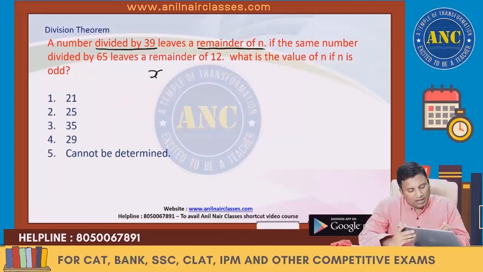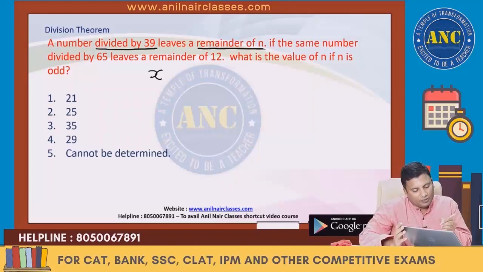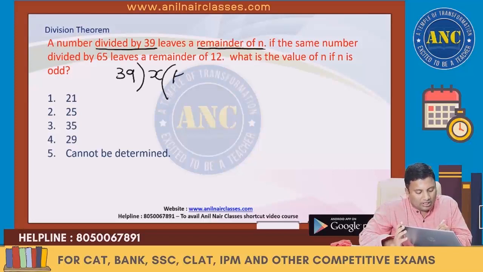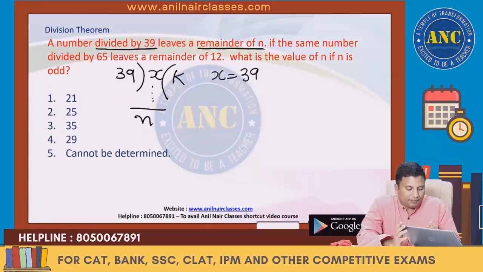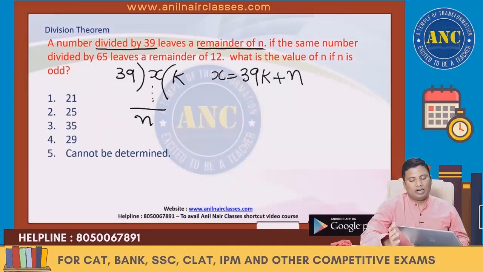I will call the number x, because the remainder is using the small letter n. It is divided by 39, the quotient is k, and it leaves a remainder n. Dividend equals divisor into quotient plus remainder: 39k plus n.